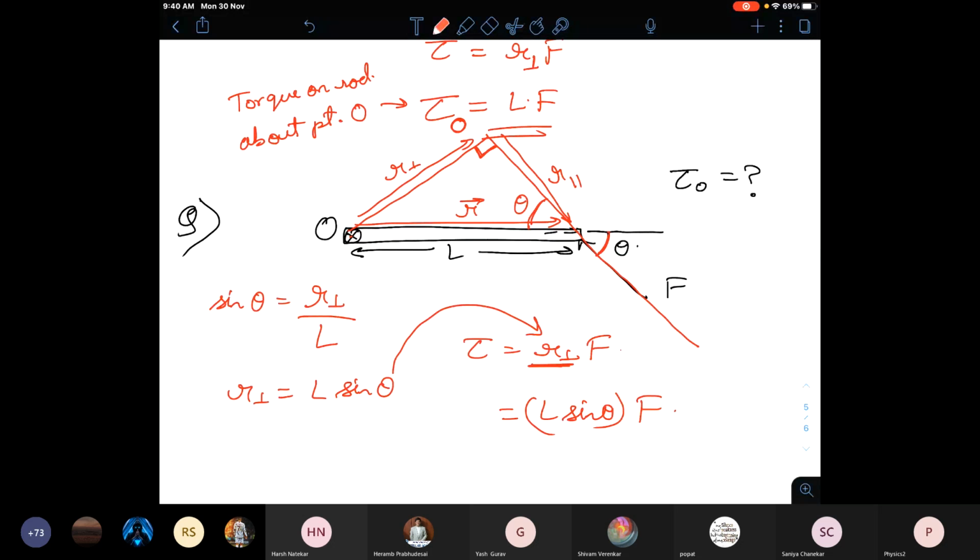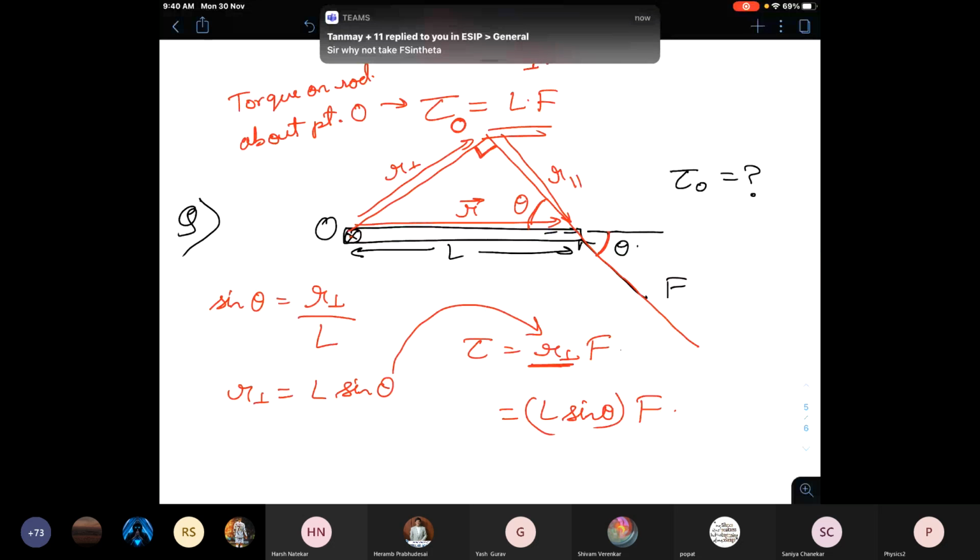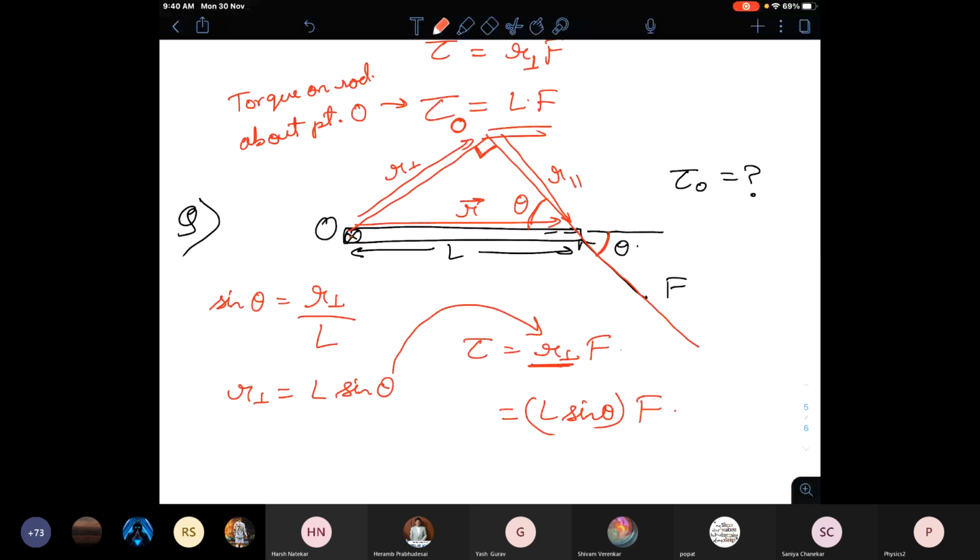Now you will be saying, sir, you could have written it directly from the formula only. Yes, that is what I was saying: why not just write the direct formula RF sin theta? Why am I saying that? Because we were lucky here that theta was given to us in this direction. What would have happened if theta was this theta dash?